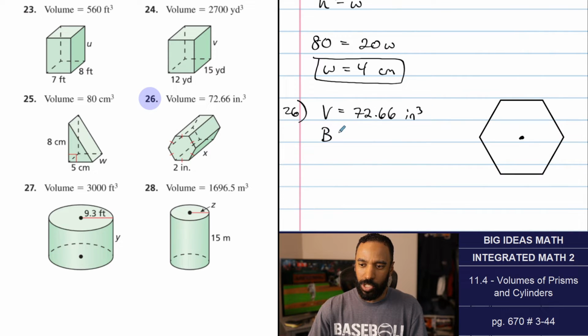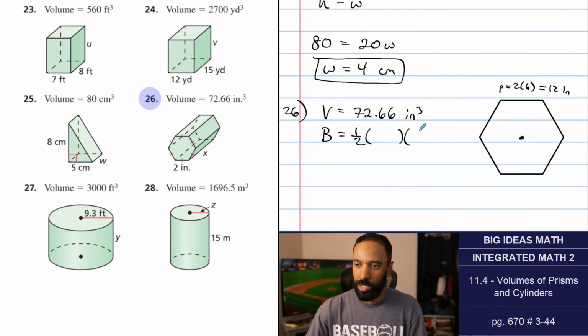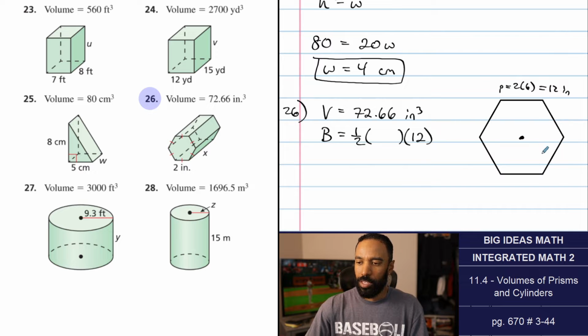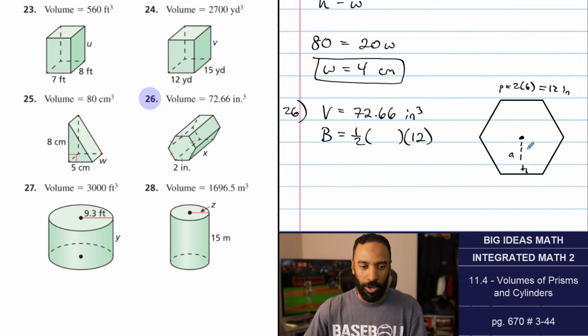The area of the base is going to be 1/2 apothem times perimeter. Apothem we have to find. Perimeter would be 2 times 6, which is 12 inches. So 12. So what is the apothem A of, this will be easy.